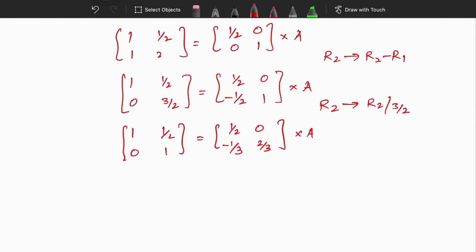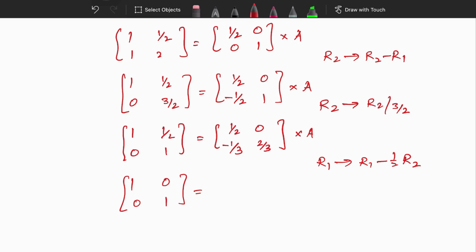So now I have to change the second place on the left side, that's 1 over 2, to 0. So how I will do it: my R1 is going to switch to R1 minus 1 over 2 R2, so that will become 0 now. R1 is changing, so 1 minus half of 0 is still 1, and 1 minus half of 1 is 0. The second row is not changing, that's 0 1. On this side, you have to subtract half of negative 1 over 3, that's negative 1 over 6.